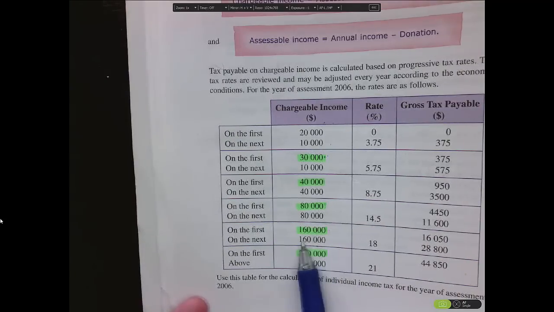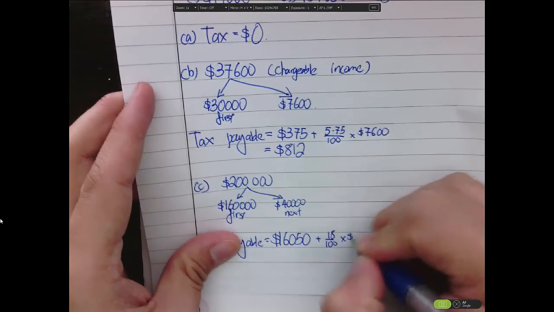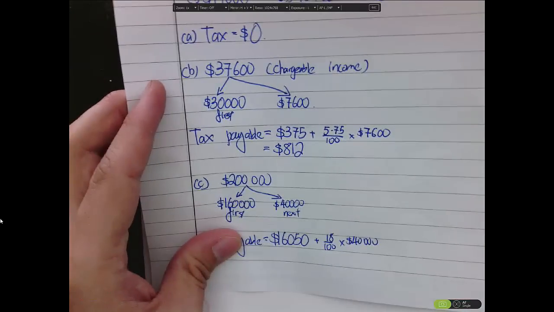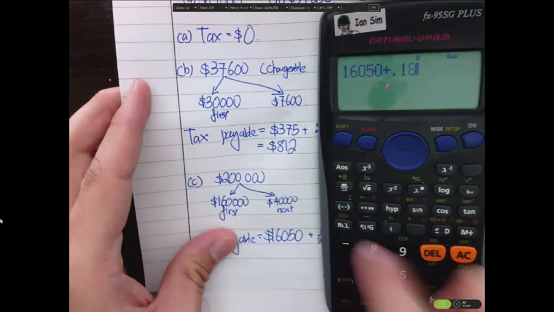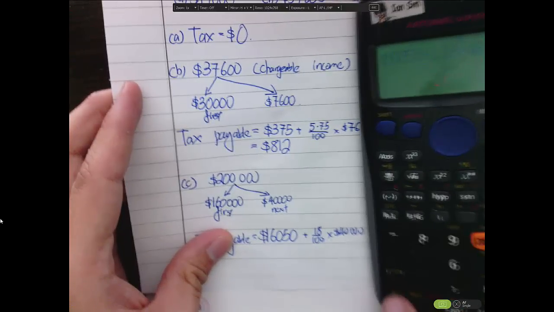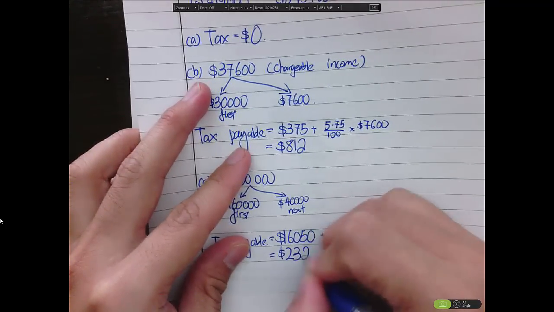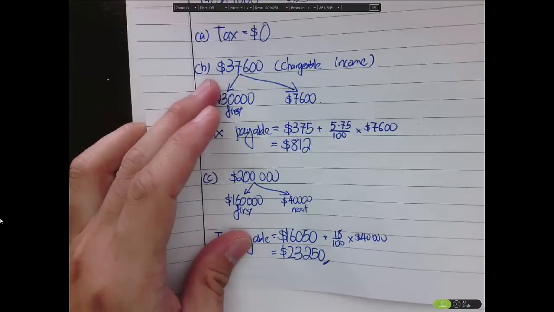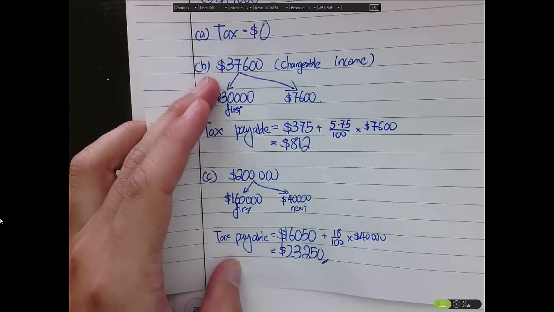The next 40,000 belongs inside here, where I have to pay a tax rate of 18% of the next $40,000. So all in all, my tax would be $16,050 plus 18% of $40,000. The tax payable is $23,250. That's the amount of tax that the person must pay if he earns $200,000 per year.